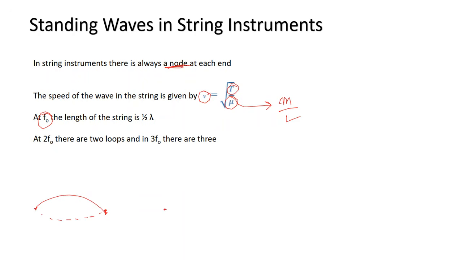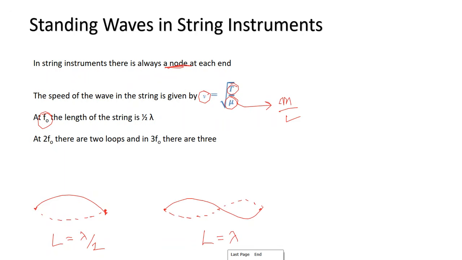And if the same string were oscillating at twice f0, this is what it would look like. There will be two loops, and if you look at the shape, this doesn't look like one wavelength, does it? So the length of the string is equal to half a wavelength, but this looks like a complete wavelength. So when it is oscillating at twice f0, the length is equal to lambda.